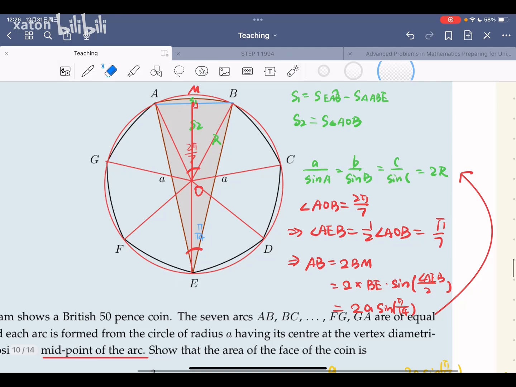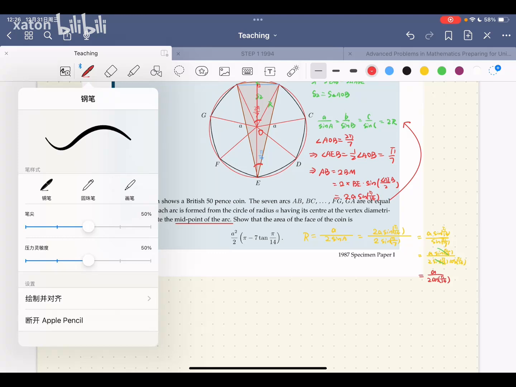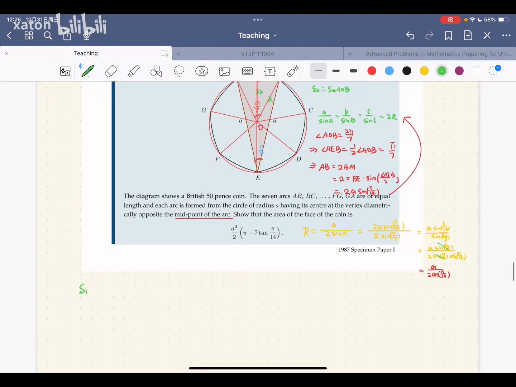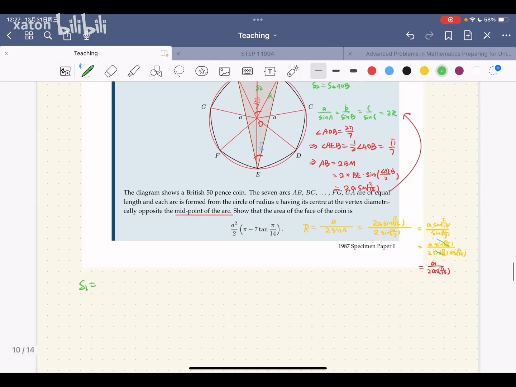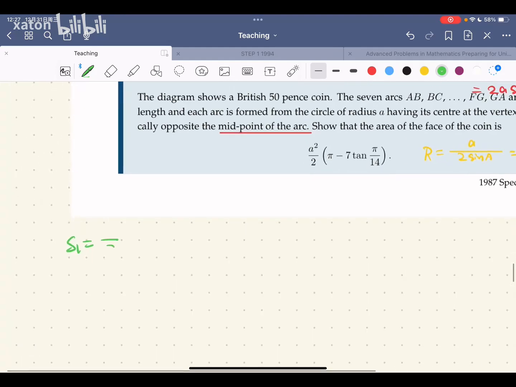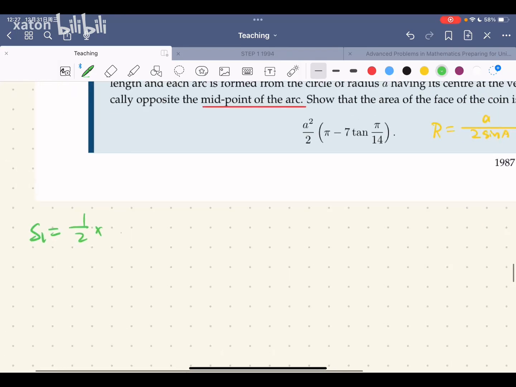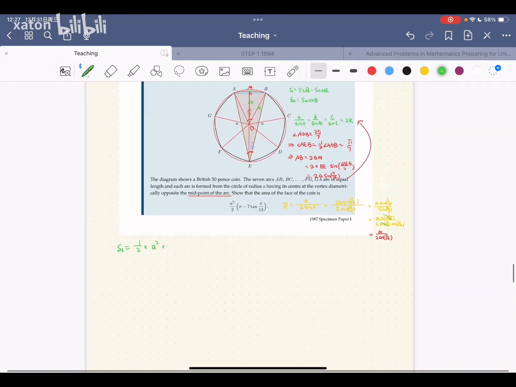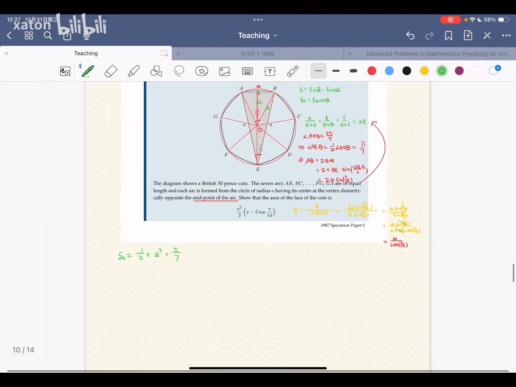So let's go for S1 first. S1 equals the larger sector minus the triangle. For the sector, we have the formula half times b squared times the angle, which is pi over 7, and we minus the triangle.